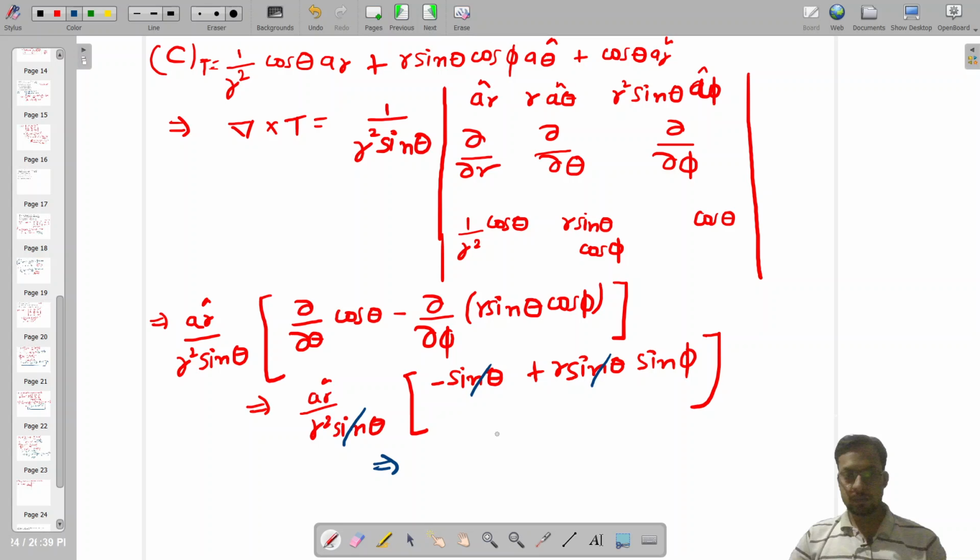We have only 1 upon r square, r sine phi minus 1, a r.